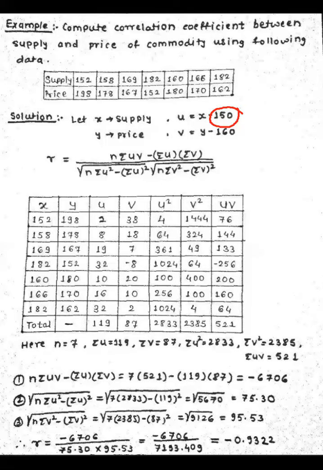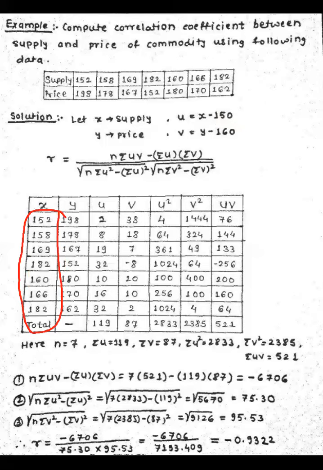For that, look at all the x observations. They are much closer to 150. Then you can take the value of a as 150. Now there is no restriction to put or choose the value of a.